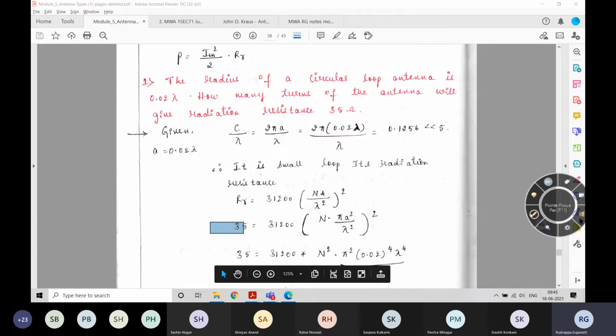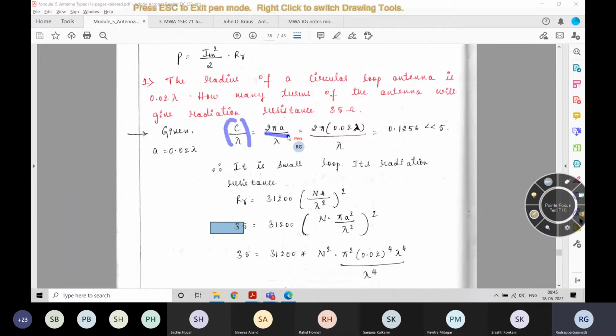Either this or that. We'll consider C by lambda here. What is C? C is 2 pi A, and it is divided by lambda. When you substitute A, you obtain the value of C by lambda as 0.1256. Now, whether this value is lesser than 5, we can observe that it is much lesser than 5.